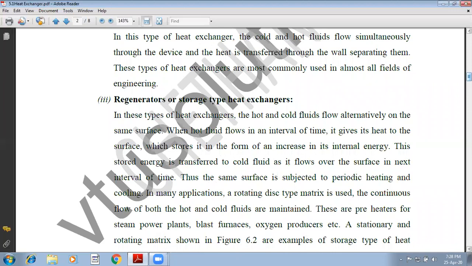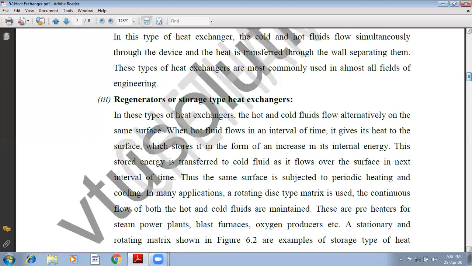Of course, there is heat transfer between hot gas as well as water, but it is not a direct type of contact, but through some matrix.